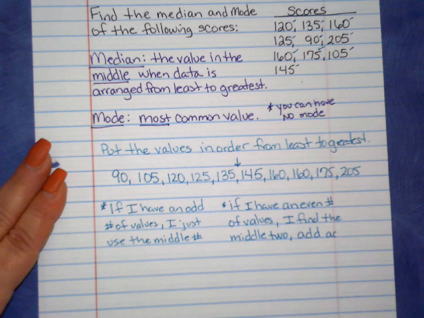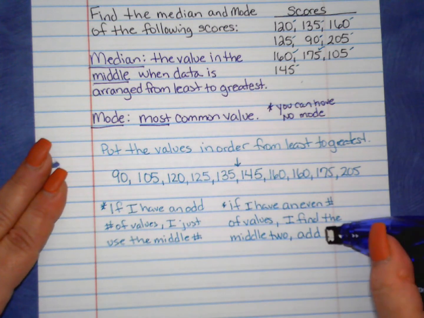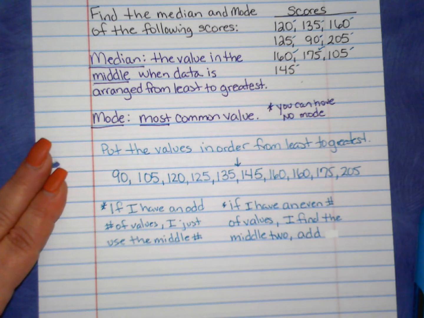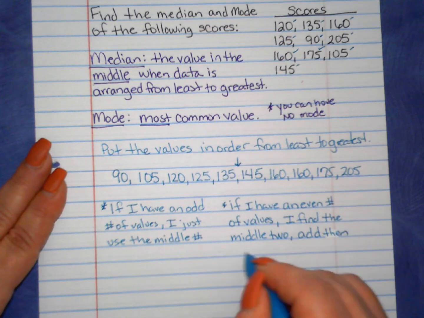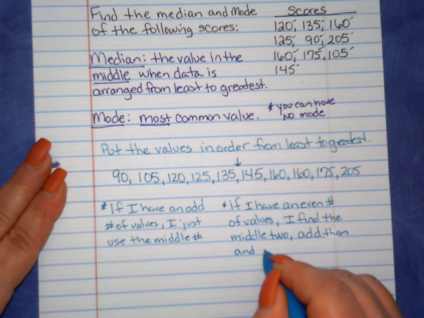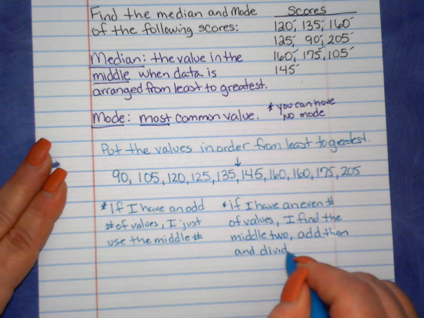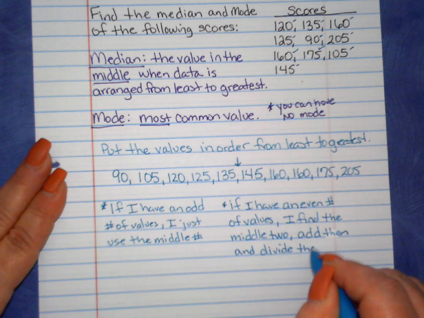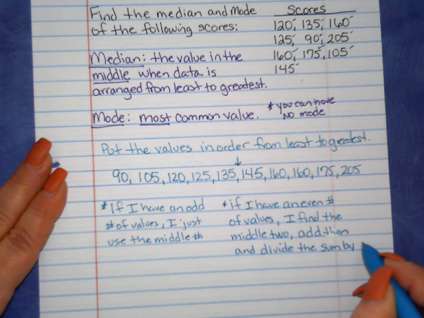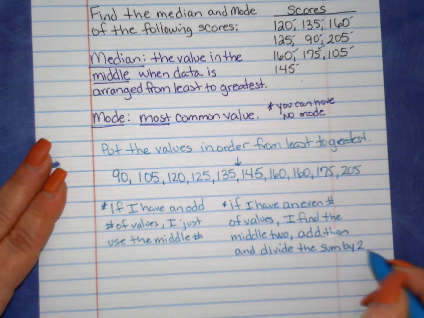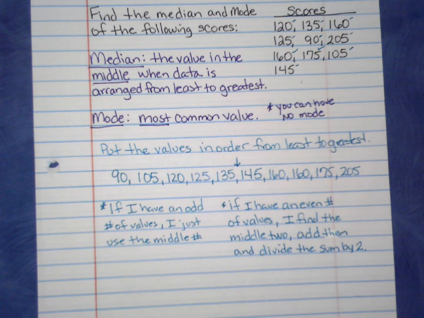Oops, sorry, add them. And divide the sum by 2. So essentially, I'm going to find the mean of the middle two numbers.